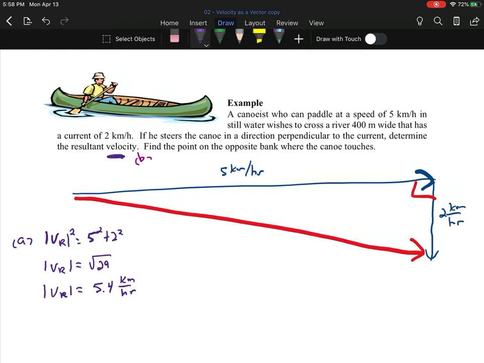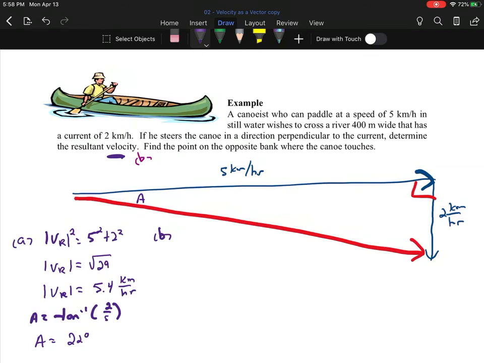Determine the resultant velocity. So if it wants resultant velocity, I've found the resultant speed, but to get that angle, I'll also need this angle here, which I'll label A. And so to get that A, I got to do tan inverse of 2 over 5, and I get 22 degrees. Okay? So that's the resultant velocity for the canoe.